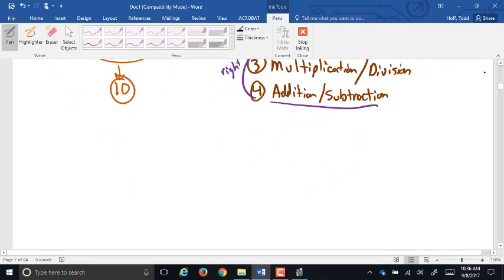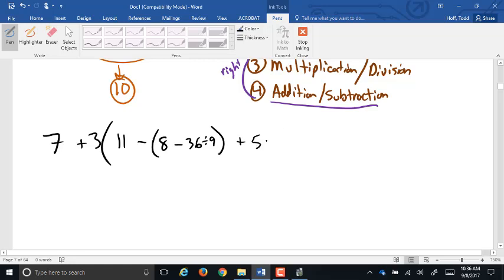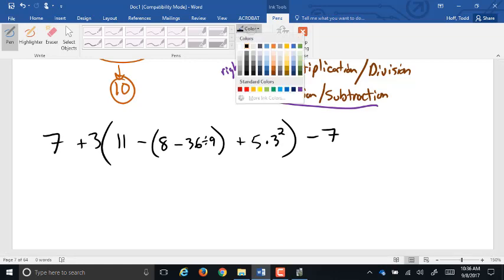Let's look at an example that's a little bit more difficult. Oh, this one's not so bad.